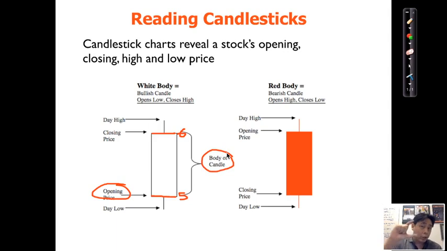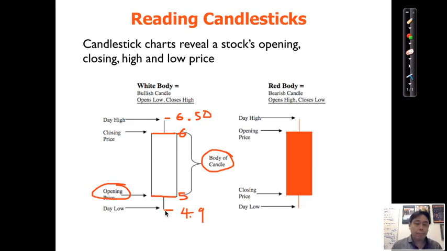All right, so the body shows you the opening price and the closing price. But during the day, the price may have gone to a certain high of, say, $6.50. So that is the day high, and it's represented by an upper shadow or an upper tail, if you will. And the price went as low as, for example, $4.90. That's represented by the lower shadow.